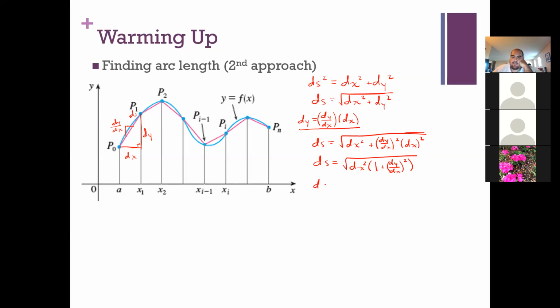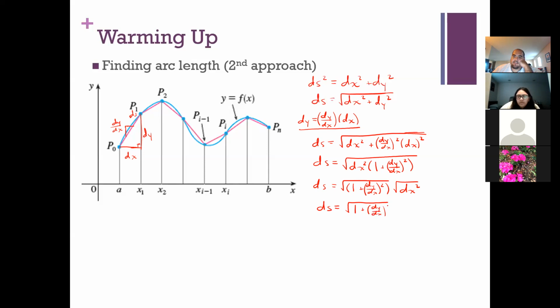So I can rewrite this, having them switch positions: the square root of 1 plus dy over dx squared times the square root of dx squared, which just becomes ds equals the square root of 1 plus dy dx squared times dx.